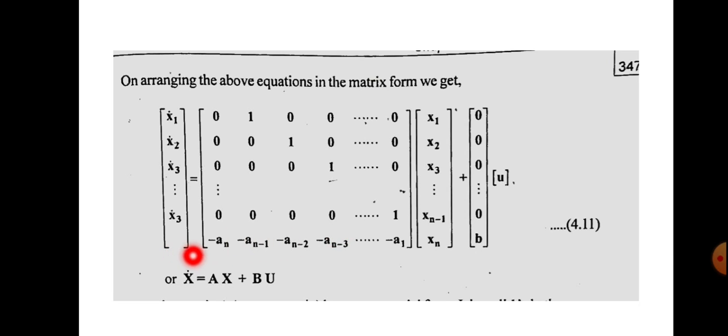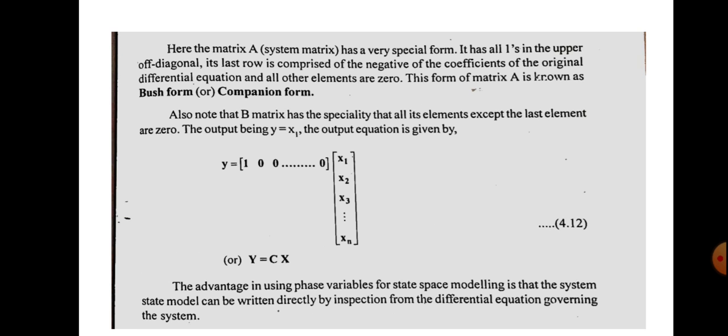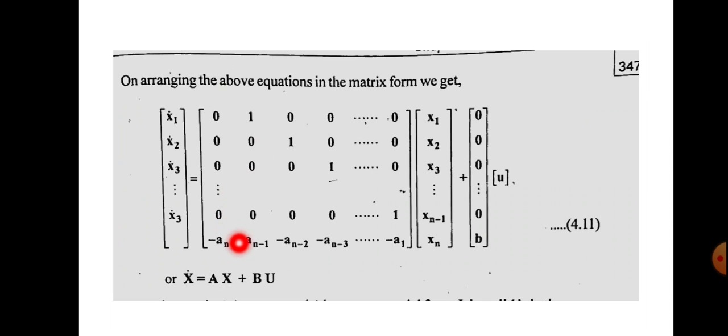So this will have the form x dot equal to Ax plus Bu, similar to the first state variable case, and here the matrix A is called the system matrix, and that has a special form. It has all ones in the upper diagonal, and its last row contains the negative of the coefficients of the original differential equation, and all other elements are 0. This form of matrix A is known as the Bush form or companion form. See, this is called the system matrix, this is the A matrix.